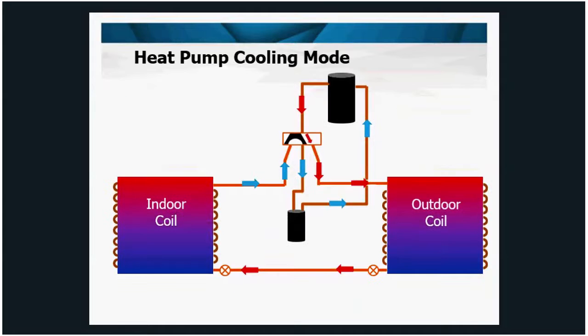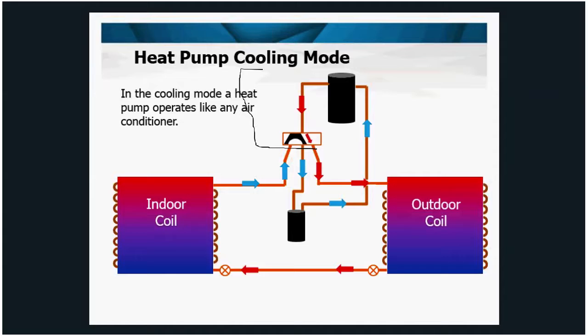Now, the way the refrigerant flows in cooling mode, it flows just like any air conditioning system. Hot gas leaves the compressor. In this case, it goes through a reversing valve and it's directed to the outdoor coil. The outdoor coil does like all condenser coils. It desuperheats the hot gas.